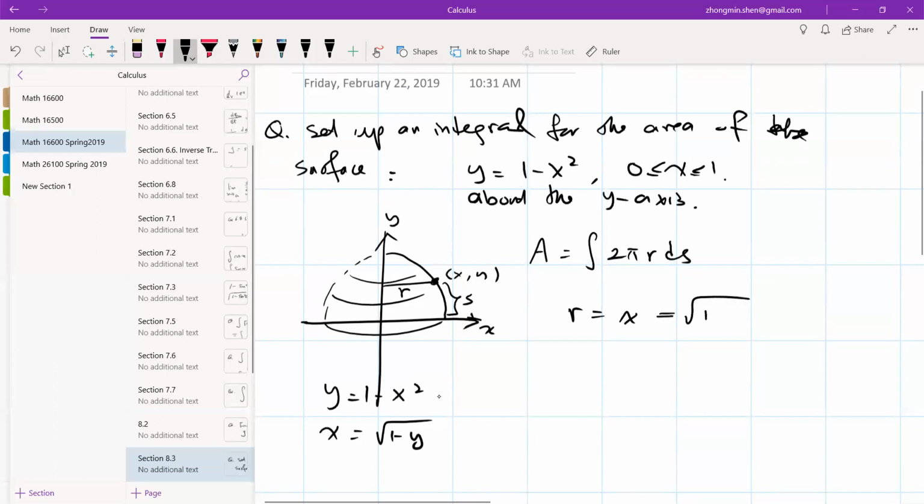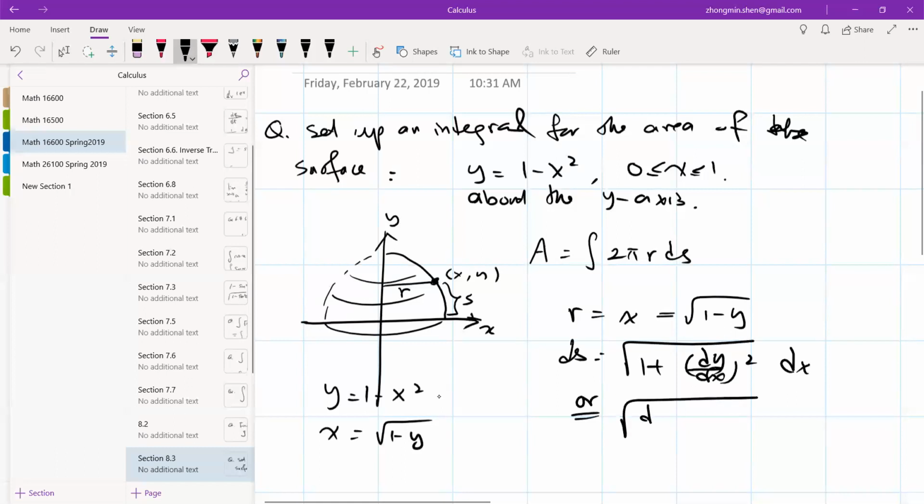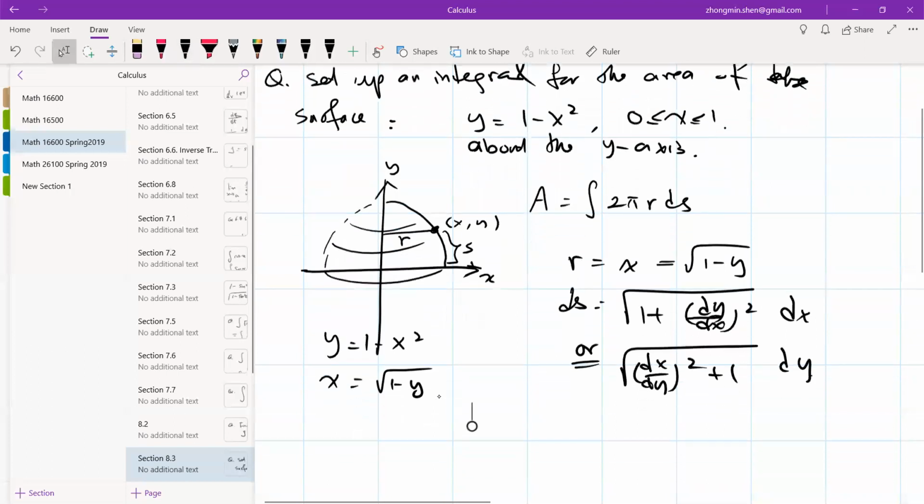If you use the y variable, this is the square root of 1 minus y. So you have two choices to replace the ds. ds is going to be the square root of 1 plus (dy/dx) squared dx, or the square root of (dx/dy) squared plus 1 dy. We choose one of the variables.